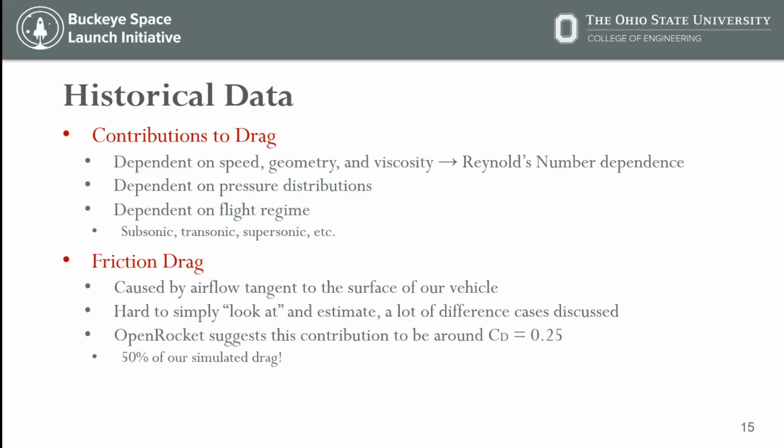If you notice, our total drag was around 0.5, so about half of our total drag comes from this friction drag. So it is pretty significant, it's just a little harder to predict. And if you actually go through the textbook or another fluid dynamics textbook, there's a lot of discussion about how to figure out what this drag is.